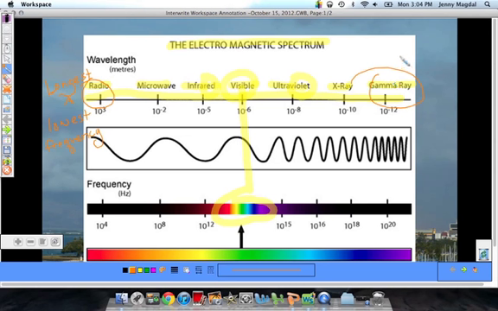The gamma rays have the shortest wavelength, or lambda, shortest wavelength, and the highest frequency. At this point, that is what I need you to know about the electromagnetic spectrum.